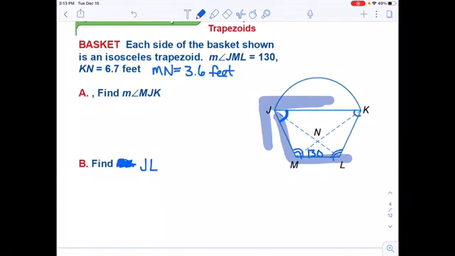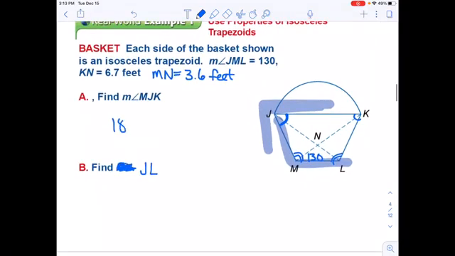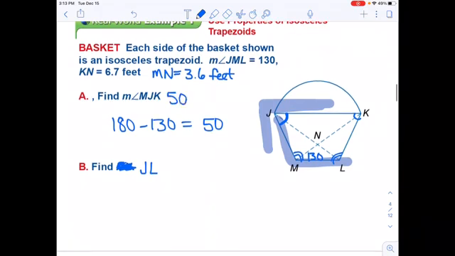The non-congruent angles add and equal 180. So to solve for angle MJK, you just subtract 130 from 180, and you end up getting 50 degrees.